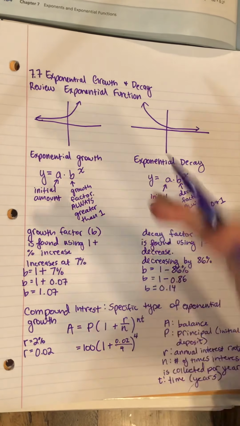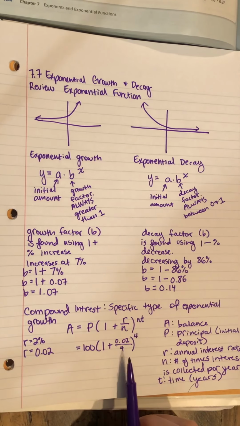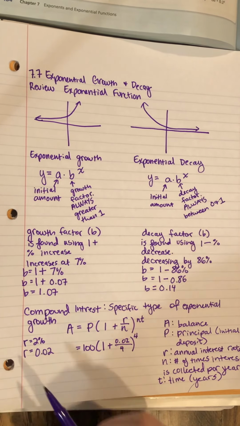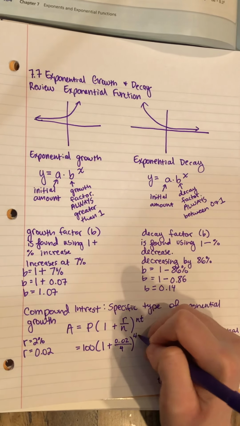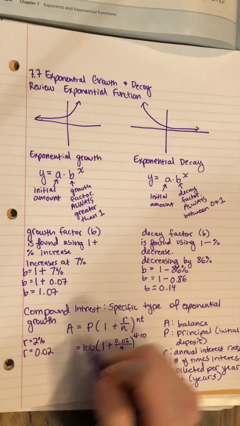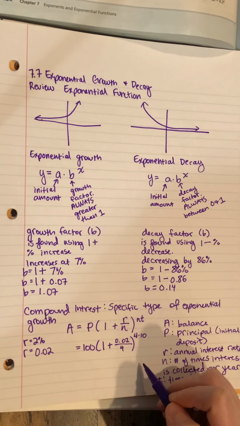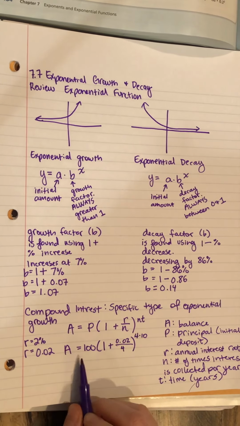So say right now you put $100 in the bank. You have all this information in here. We want to see how much money it'll be worth after, let's say 10 years. Let's plug in a 10 for T. So after 10 years, you can use this formula and you will figure out what is the balance you have after 10 years.